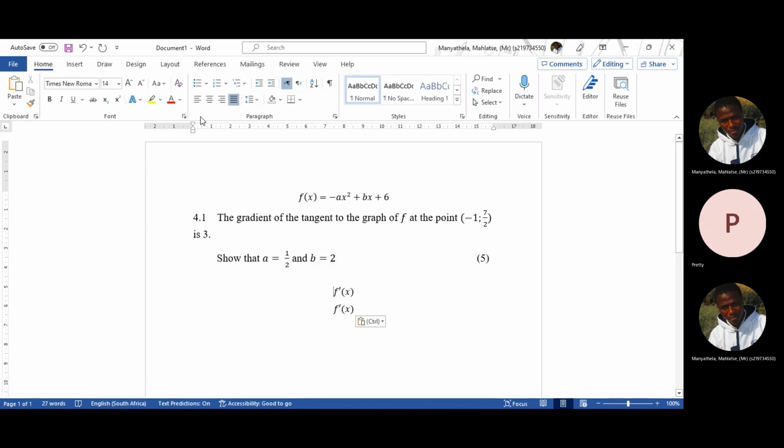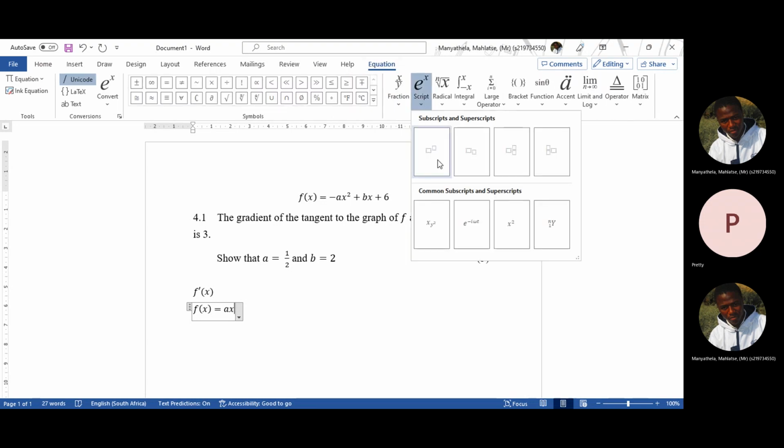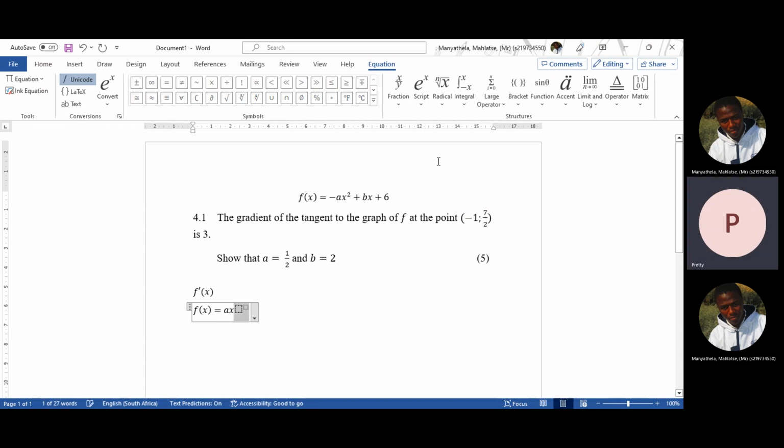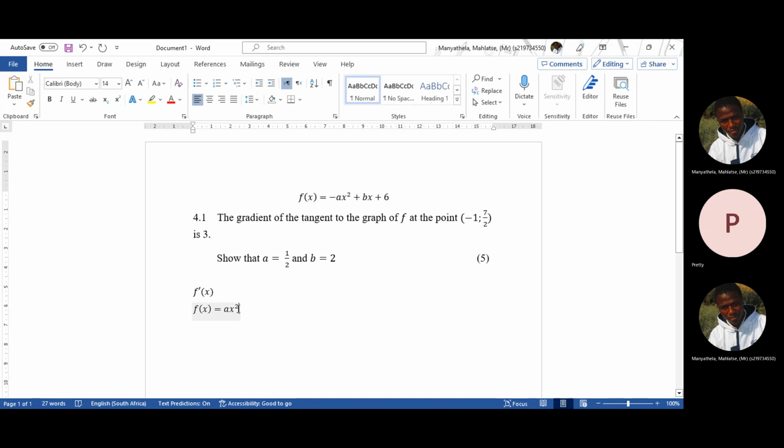If we have something like f of x equal to ax squared, to find the derivative of this function you take the power and multiply it by a.